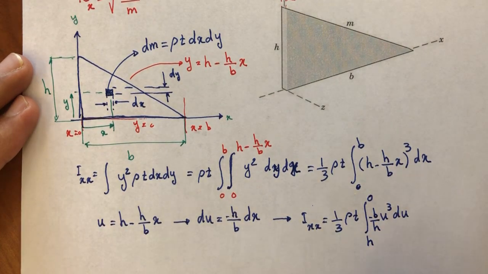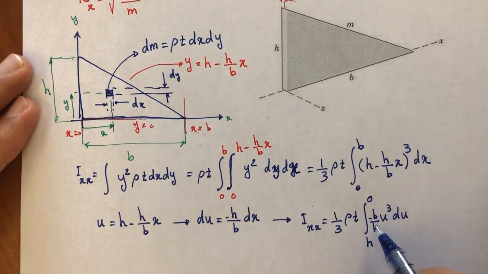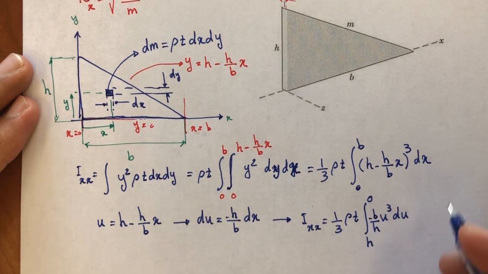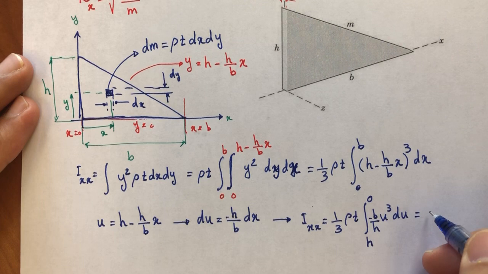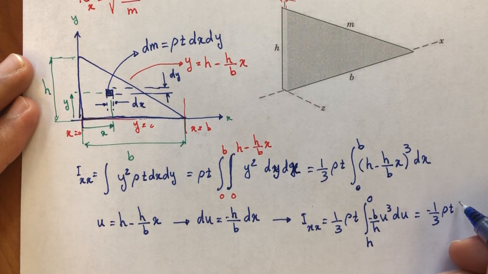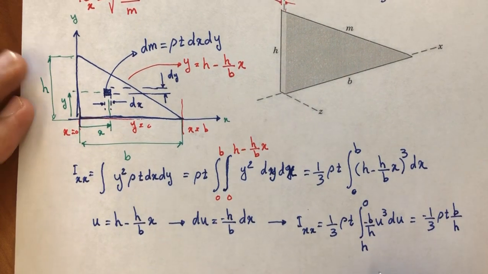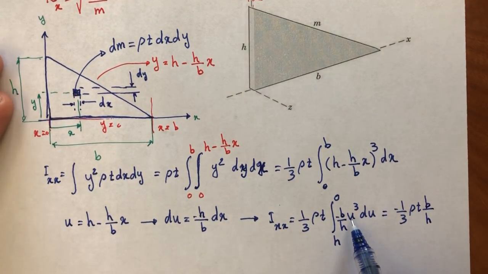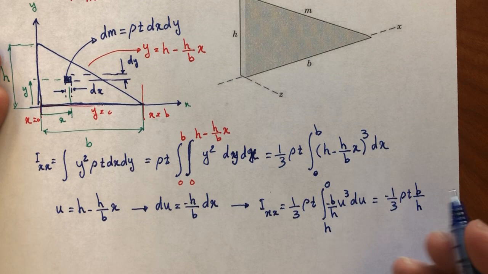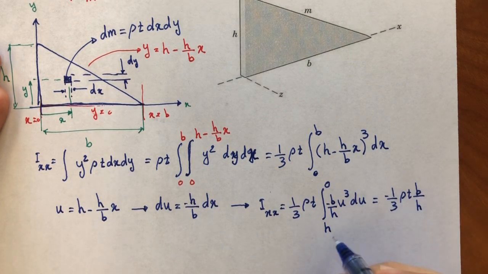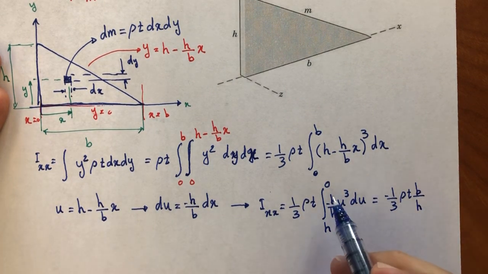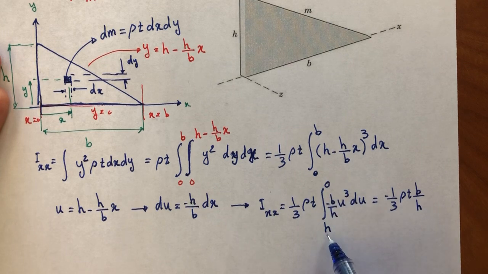Okay. Now we have a very simple integral. Negative b over h is constant. You can take it out of the integral. So I'm going to have negative 1/3 of rho t b over h times integral of u cubed is 1/4 of u to the 4. And from h to 0, it's going to be 0 to the 4 minus h to the 4, right?